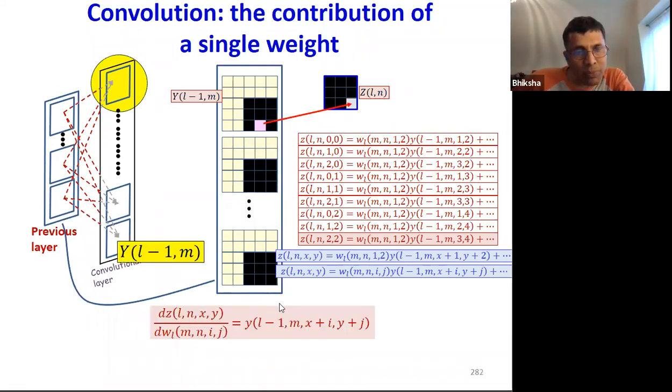Now if I want to compute the derivative, if I'm given the derivative for z, I want to compute the derivative for w. The derivative of zxy with respect to wij is simply going to be y x plus i, y plus j. I just pulled this straight out of this equation. Did that make sense to everyone?